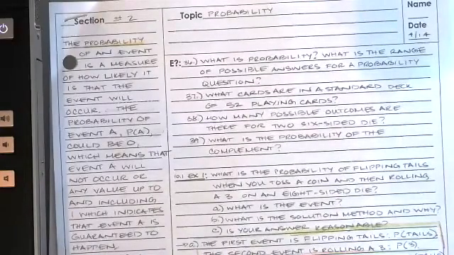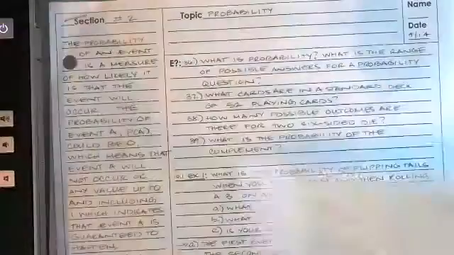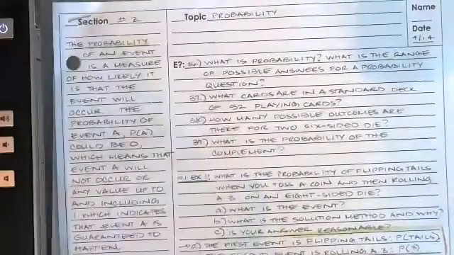The last one first and then this one. So section 1, the fundamental counting principle, and then this one? So we want to talk about this one first and then this one second.